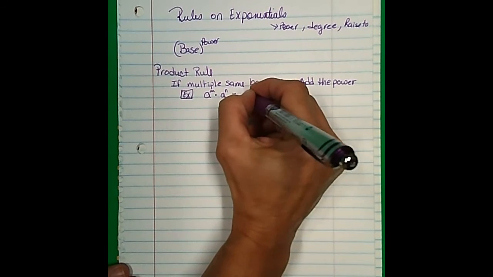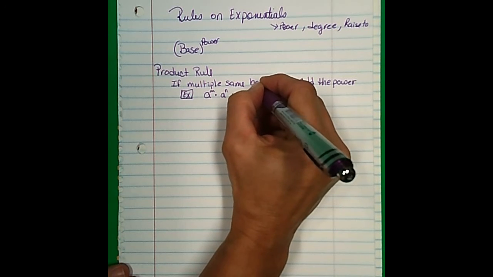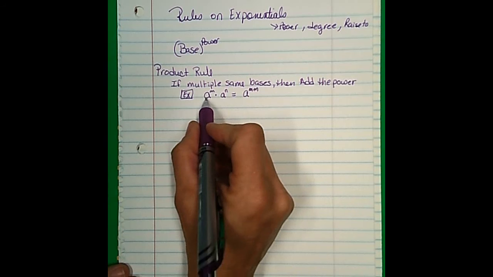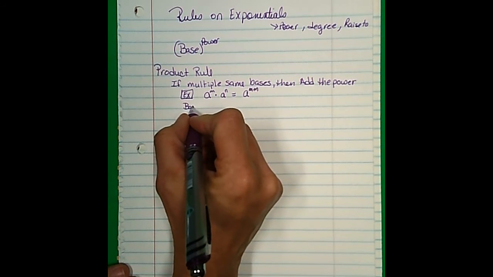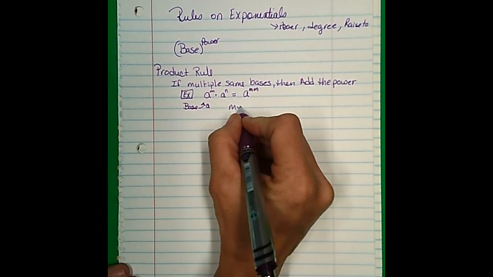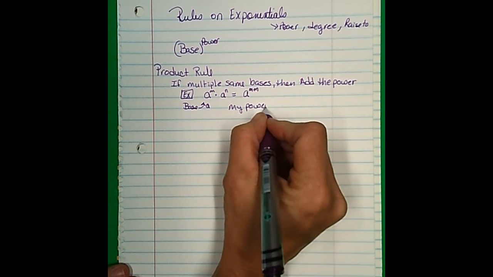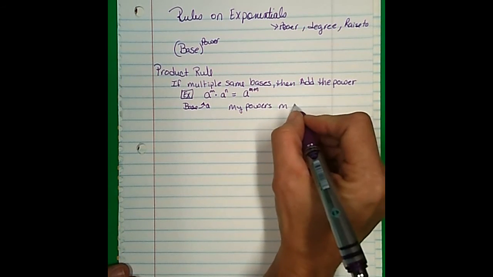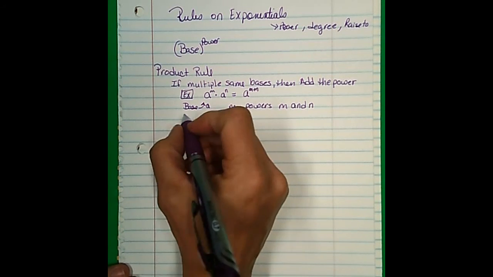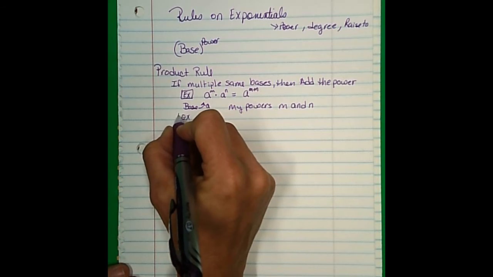So I have a raised to m plus n. My powers are m and n. My base here is a. My powers here are m and n.